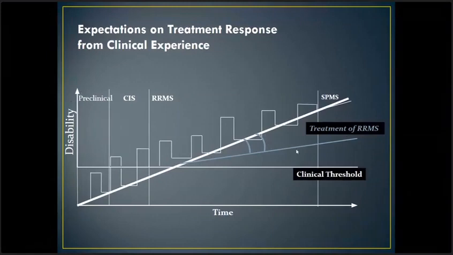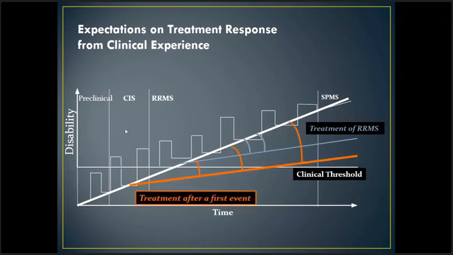So the disability decreased with time. Look at this period, for example, and I think you can guess the difference. Nowadays, we start the treatment from the CIS stage, clinically from the first attack. And you can clearly show that disability with time is decreased dramatically.